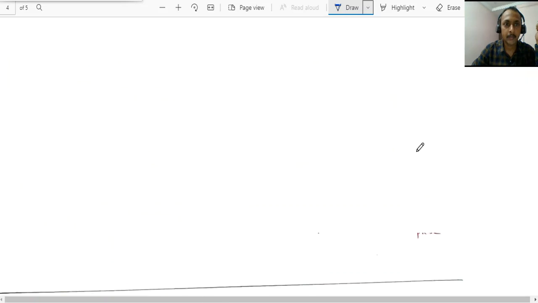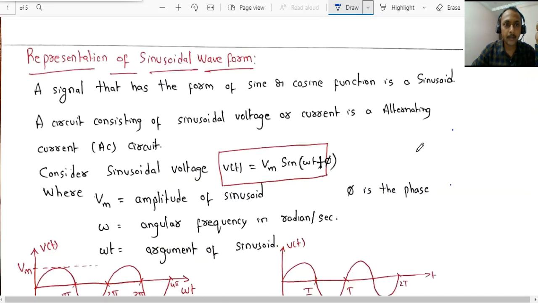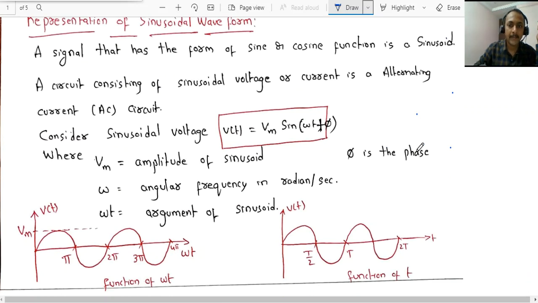Now coming to the representation of a sinusoidal waveform, it is nothing but a signal. Any signal that has the form of a sine or cosine function is a sinusoid.